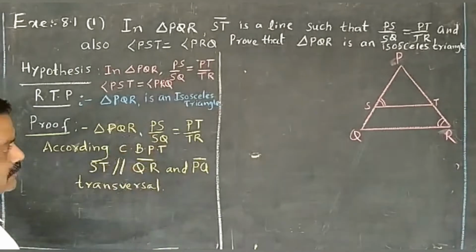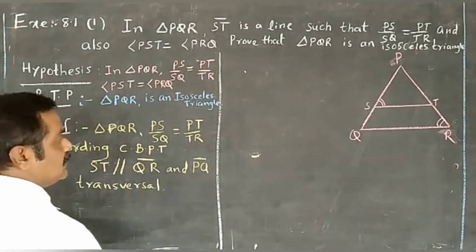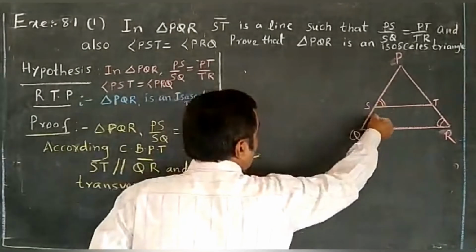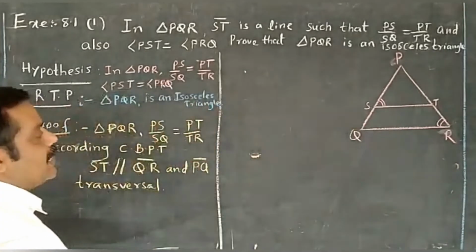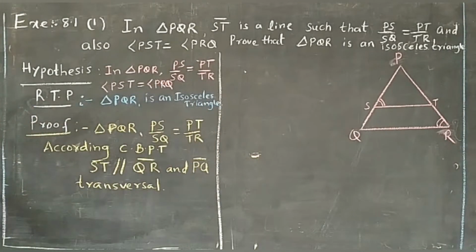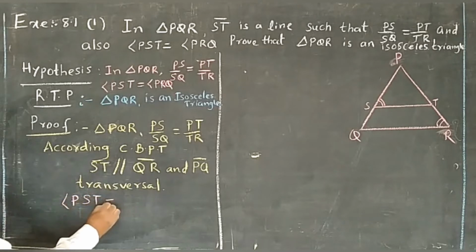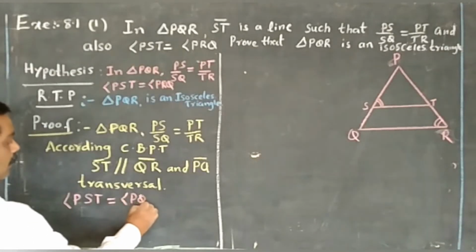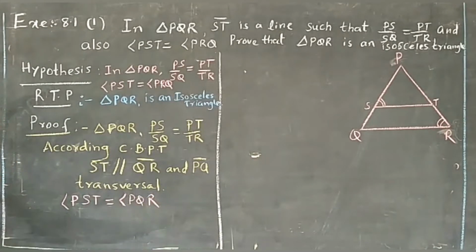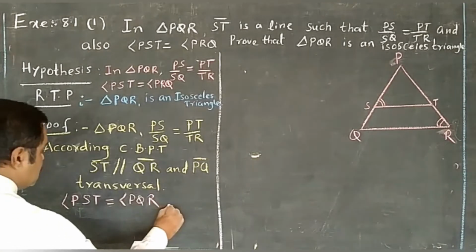PQ is transversal. When PQ is transversal, these two angles we say are corresponding angles. The corresponding angles are equal, which means angle PST is equal to angle PQR, because these two are corresponding angles.